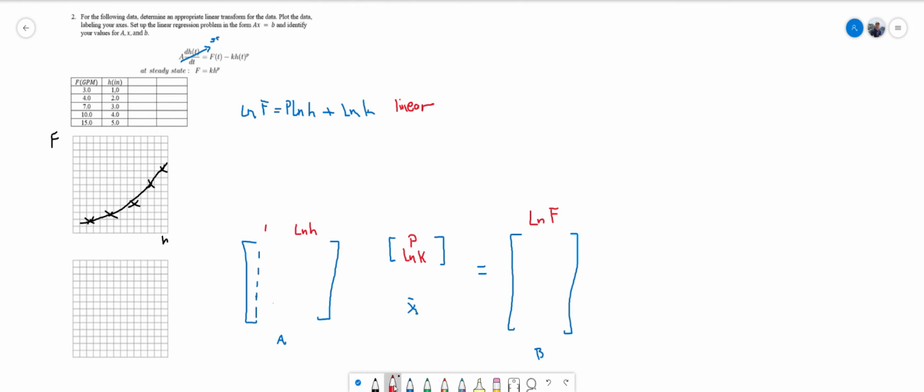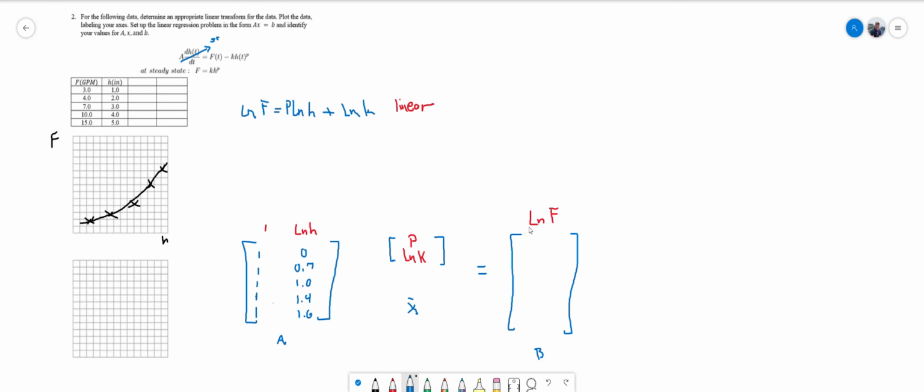And so now I can go through and calculate the natural log of h and put that into my matrix. And if I do that, I'll see the values of 0, 0.7, 1.0, 1.4, and then 1.6. Those are my values.